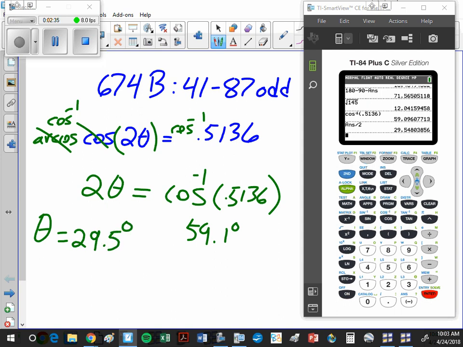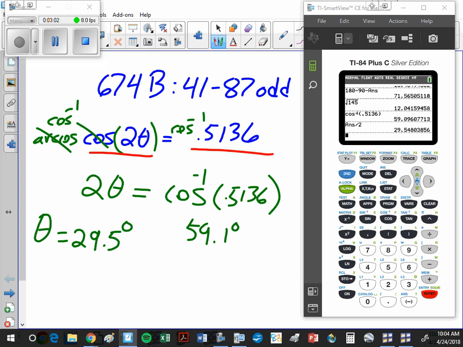Now that's not the whole story. So first off, we need to make sure that that angle is inside the domain. Is it? Yes. Okay. Are there any other angles that will also be inside that domain? Well, let's look at the original problem. When does the cosine equal about positive 1/2?